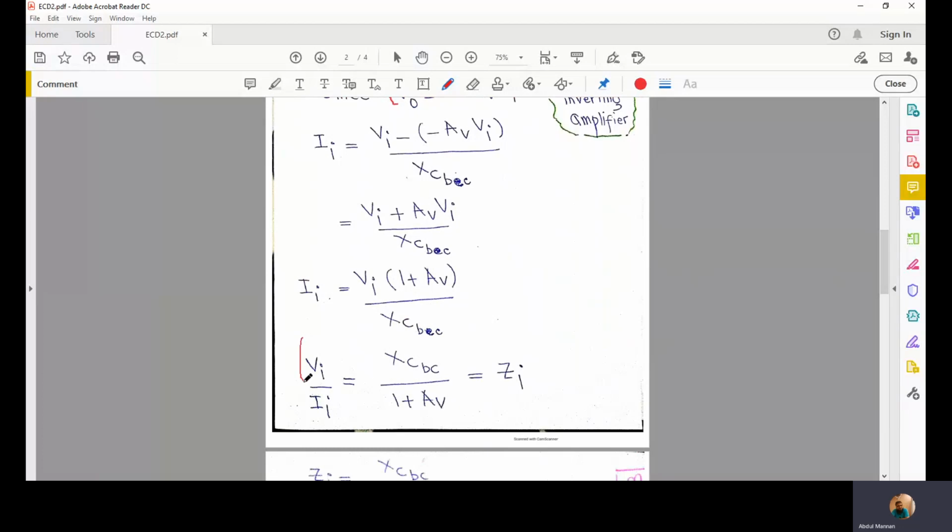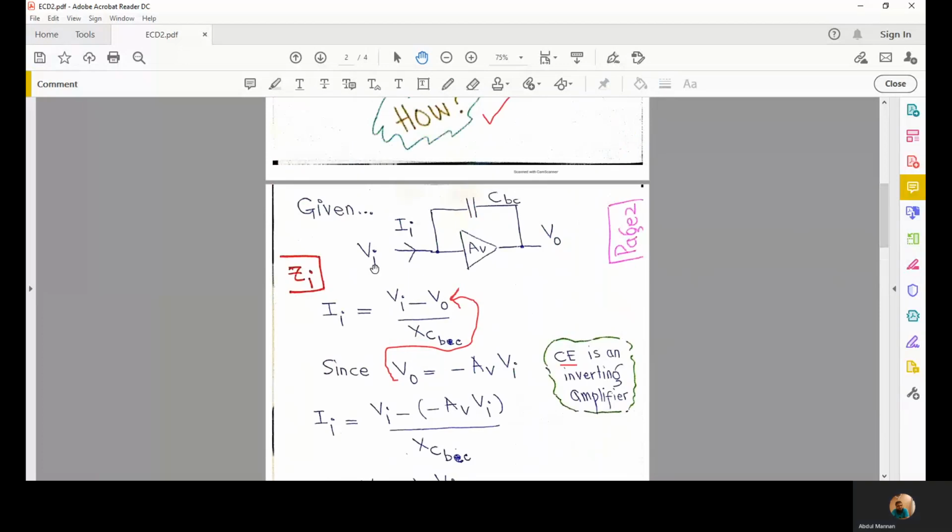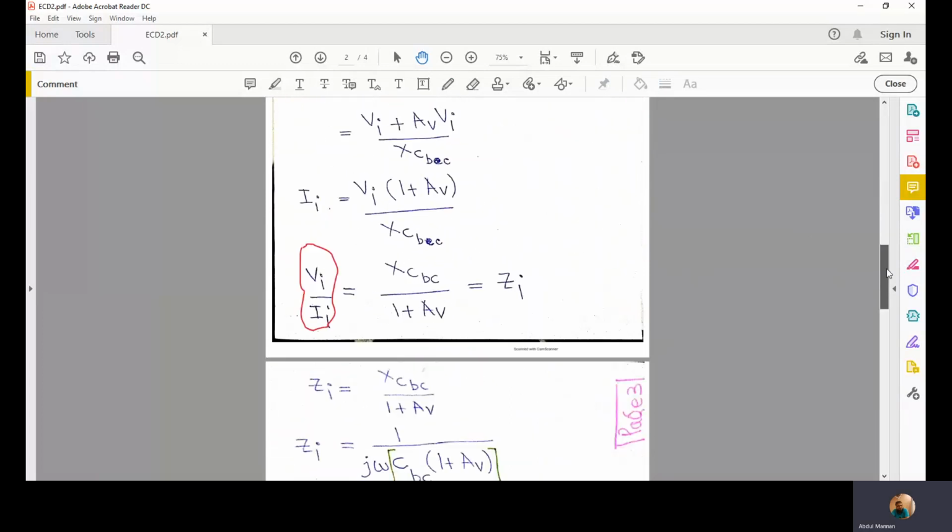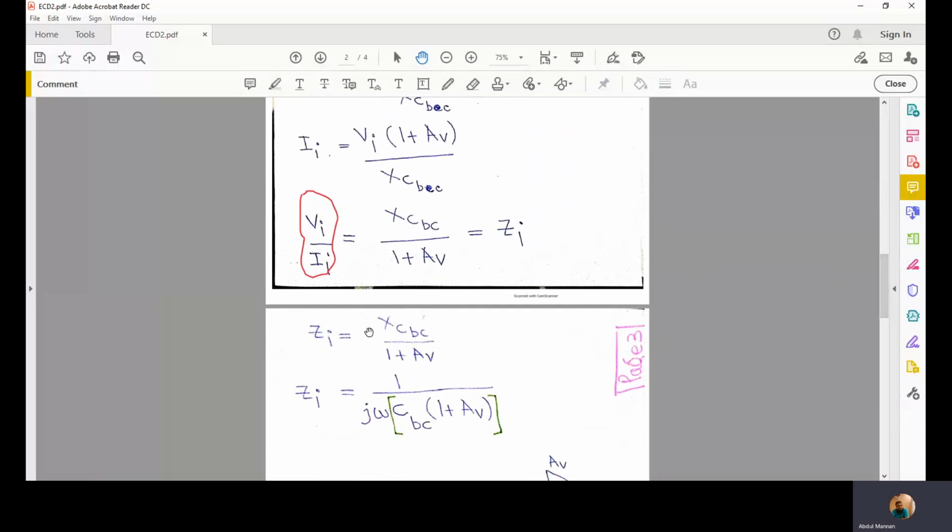This VI over II is, of course, the input impedance: the input voltage divided by the current flowing into the input terminal of the amplifier. So ZI can be written as XCBC over 1 plus AV.